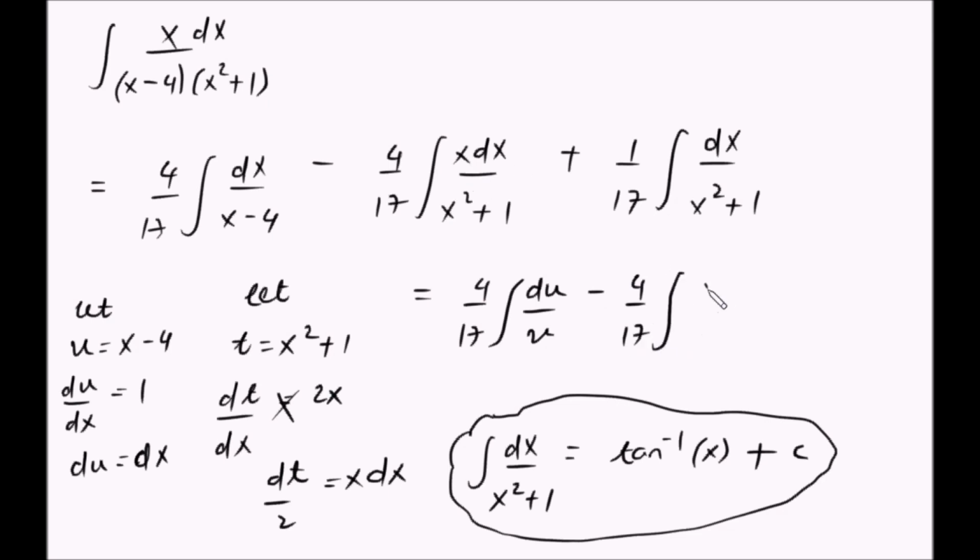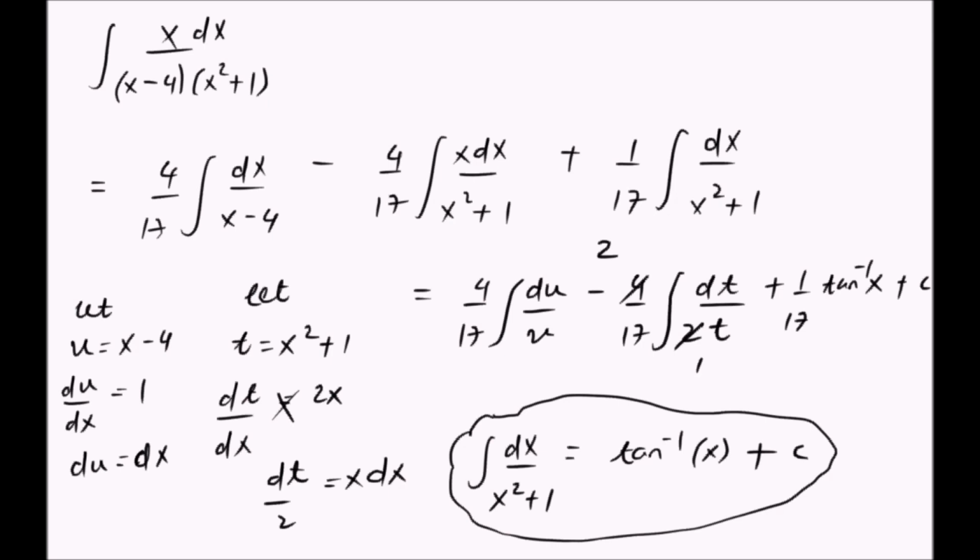So x dx tumesema ni dt over 2, alafu x square plus 1 tumesema ni t. And then hapa plus 1 over 17. So kuintegrate tumesema ni tan inverse ya nini? X. So don't forget plus c.